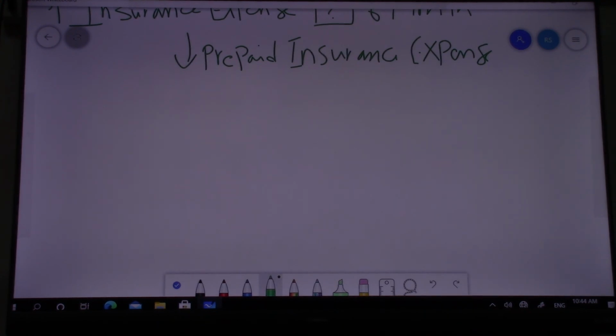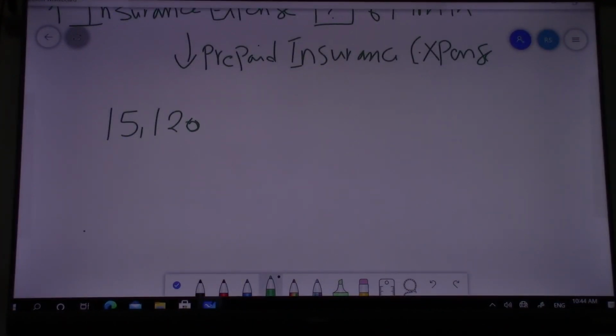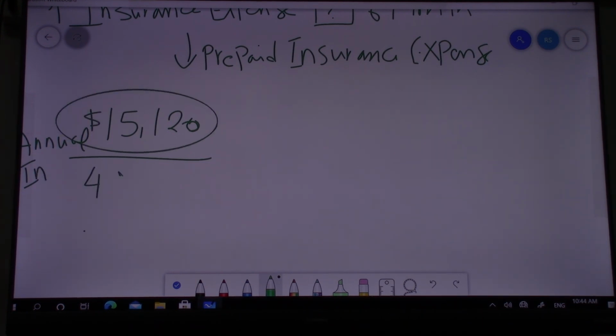We have the total value of insurance, 15,120. Let's first calculate the annual insurance. We purchased this insurance for 4 years, so we divide it. Each year, a value of 3,780 expires.